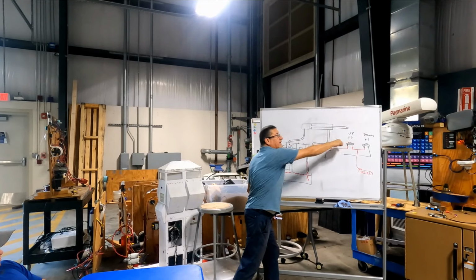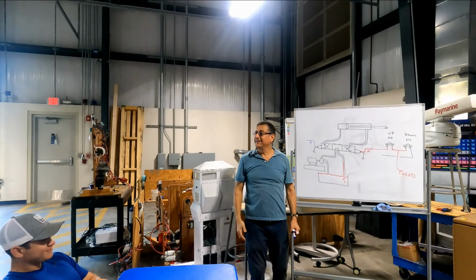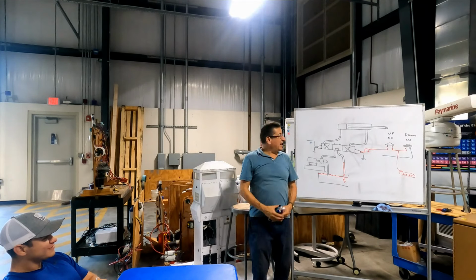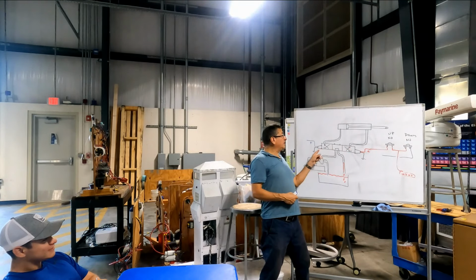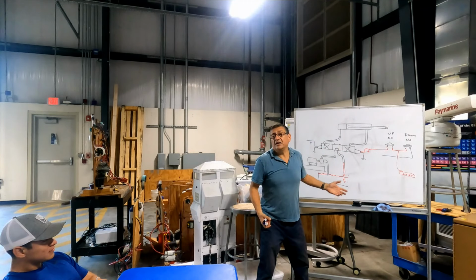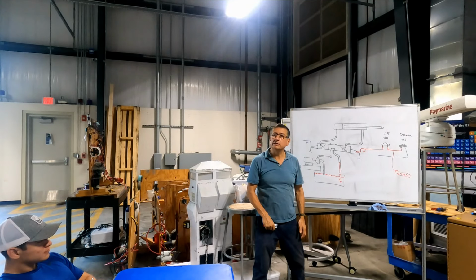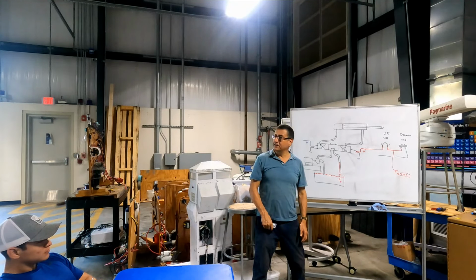What happens when I activate this one? The fluid goes up. Bingo! And at this moment, what is the name of this? Directional servo valve. It's working with solenoid. Nice, no?